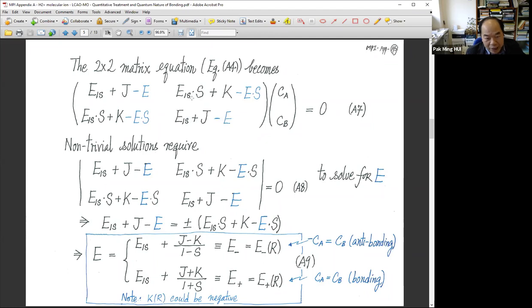Now, the more interesting thing is the off-diagonal element, the AB element. We just worked out HAB, which is minus 13.6 E1S times this S, the overlap integral, left and right, plus the whole thing called K, which is a function of R, and then minus the unknown eigenvalue times the overlap integral S. Similarly for this BA, okay?